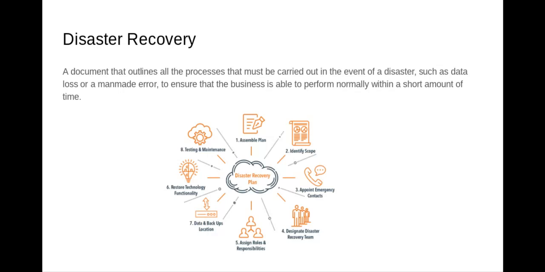There always needs to be an emergency contact number. So within your businesses, you should know exactly who to contact in these situations. Data and backup locations need to be in there. So where is data stored? Is it off-site? Is it in the cloud?